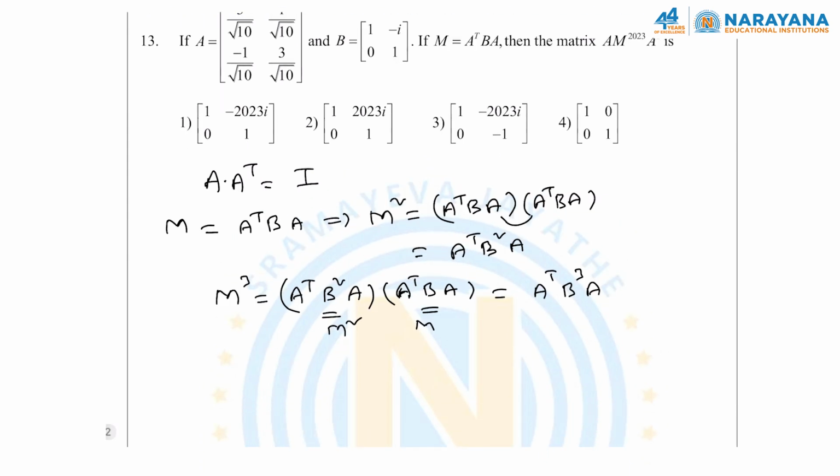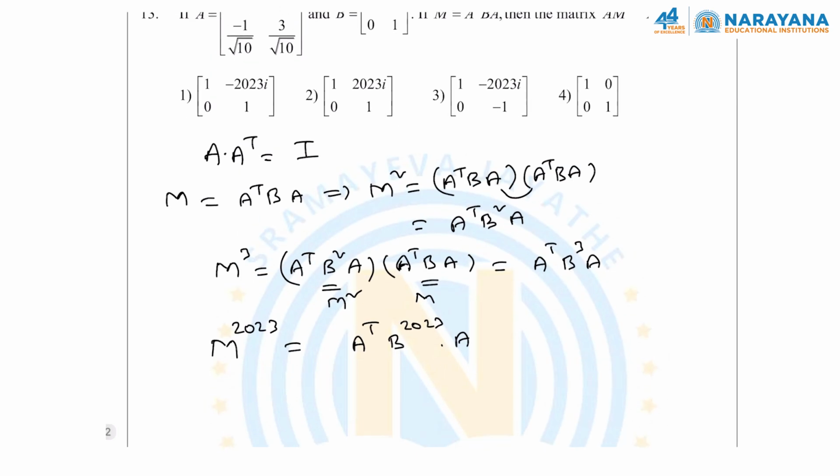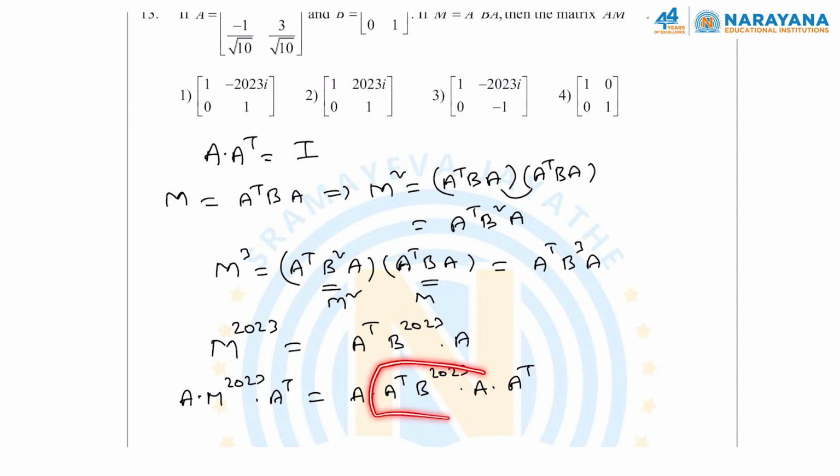But what we need is M power 2023. So M power 2023 will be A transpose B power 2023 into A. Now from here, if I calculate A into M power 2023 into A transpose, this will be A into A transpose B power 2023 into A transpose, because this is M, this is A, and this is A transpose.